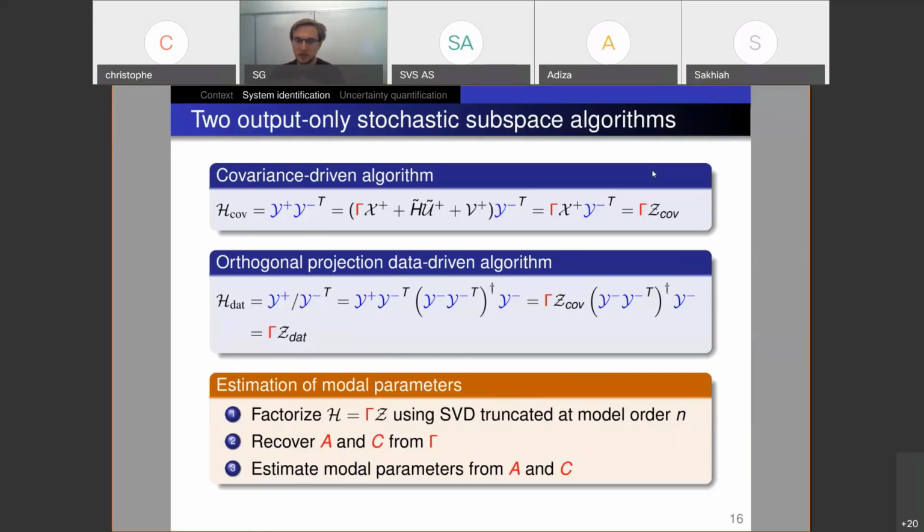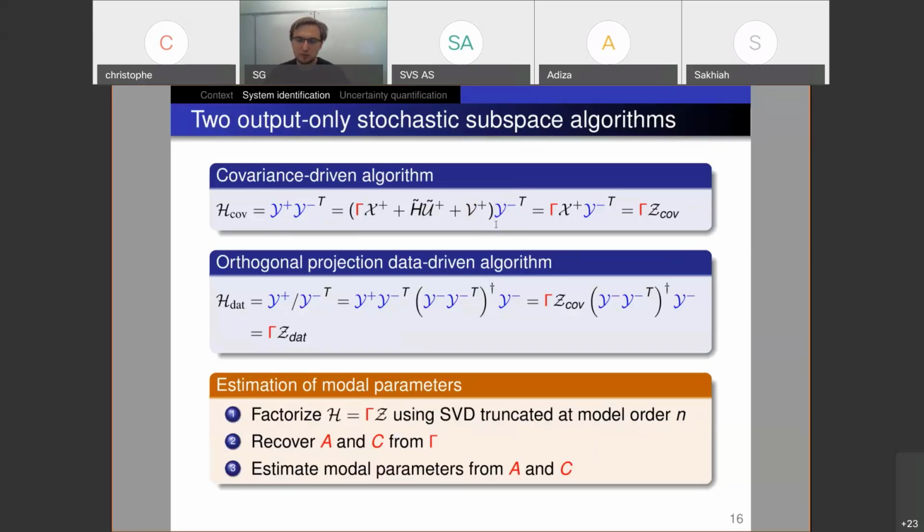And the idea for that is to eliminate the noise. So here we just simply work on the relation between y plus and y minus, and assume that the future unmeasured and unknown inputs, u tilde, are uncorrelated with the past outputs, and also that the data matrix of future noise is uncorrelated with our data matrix of the outputs.